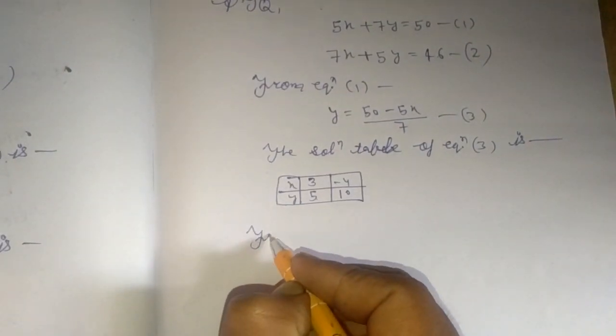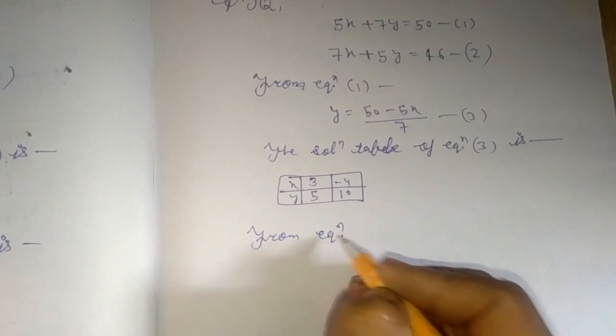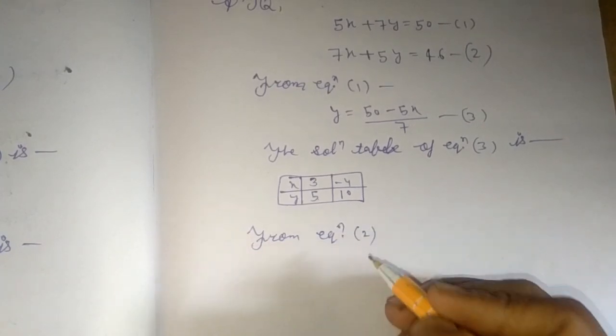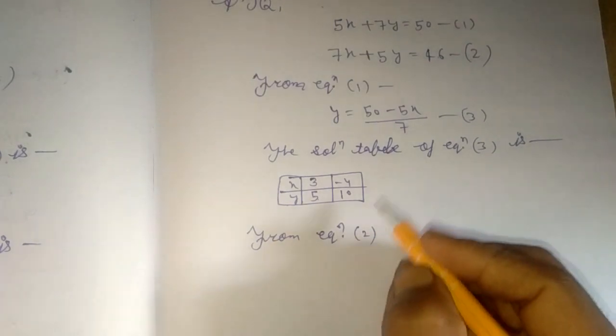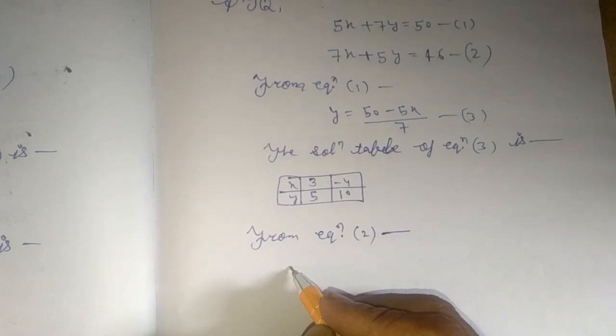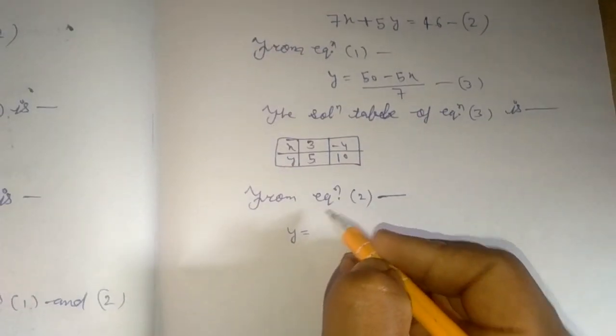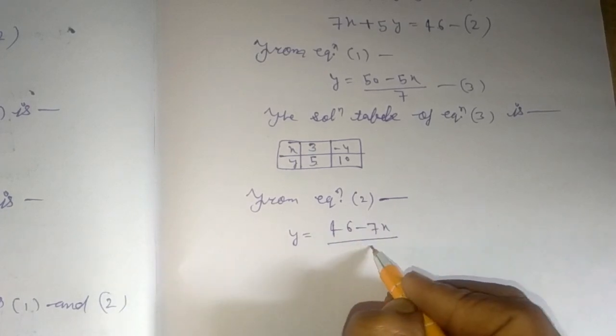Also from equation 2, write down y in terms of x: (46 minus 7x) upon 5.